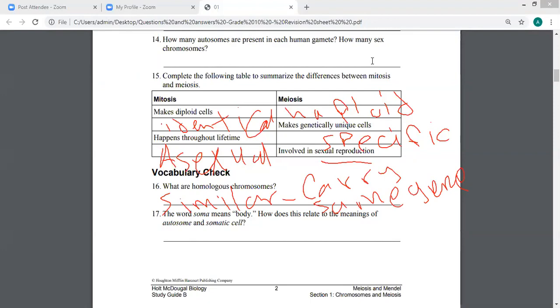Okay. Number 17, I think the last question in this section. The word soma means body. How does this relate to the meanings of autosome and somatic cell? Again, the word soma means body, like somatic cell, body cells. How does this relate to the meaning of autosomes and somatic cells?